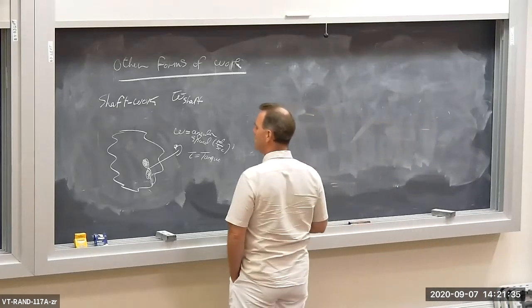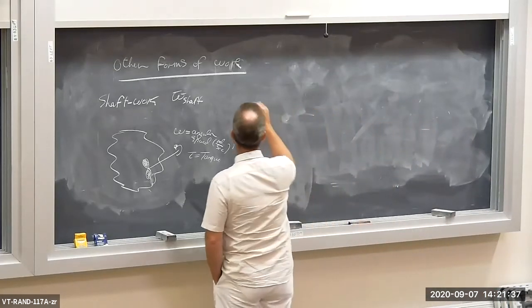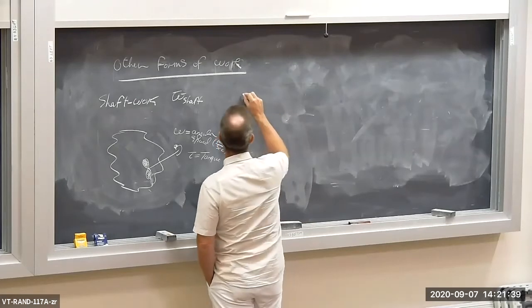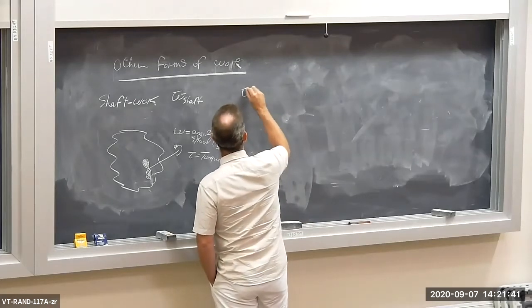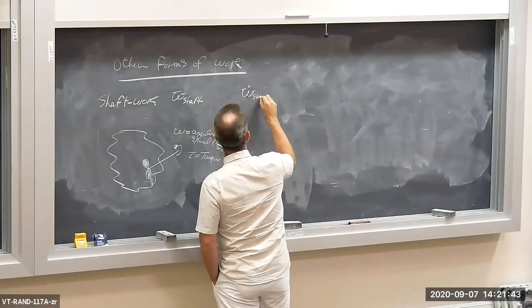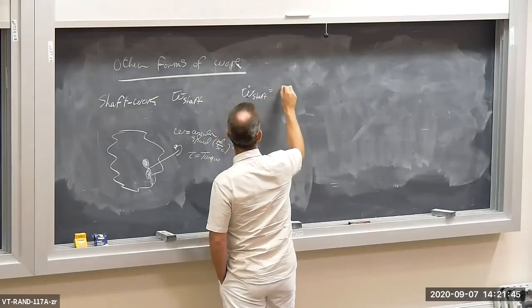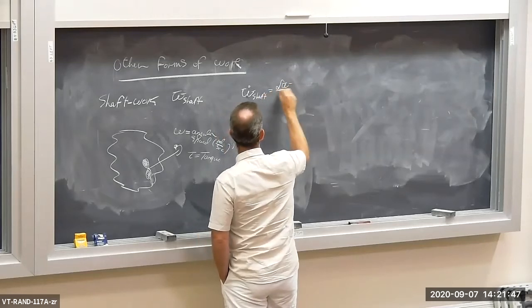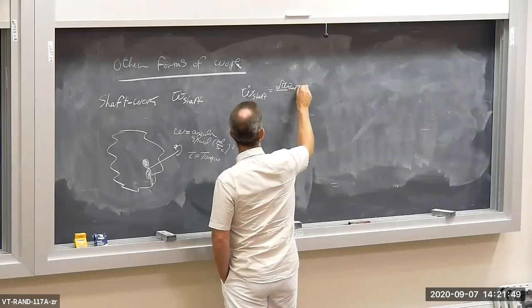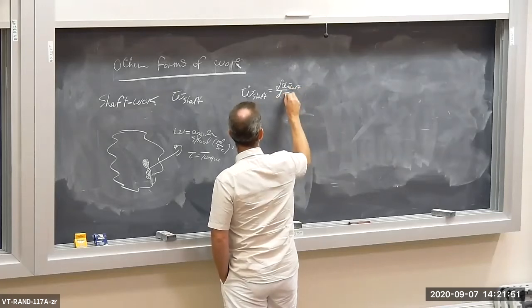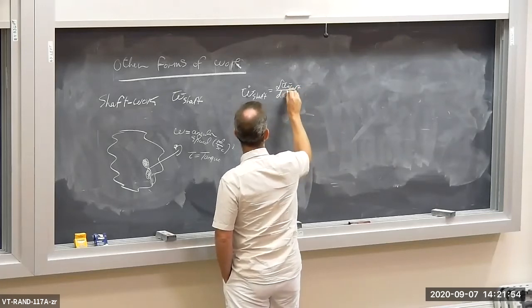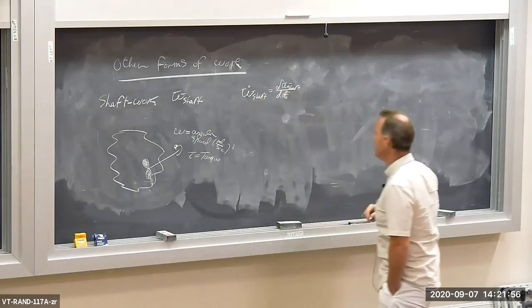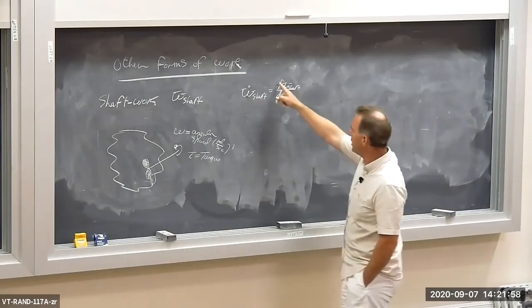And the shaft work, or the rate at which shaft work is done, W dot shaft, is a little bit of shaft work over a little bit of time. Little bit of shaft work, see the delta here?